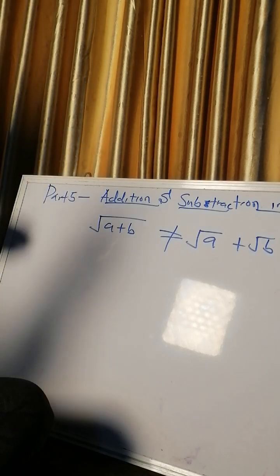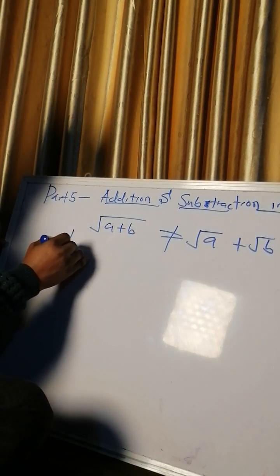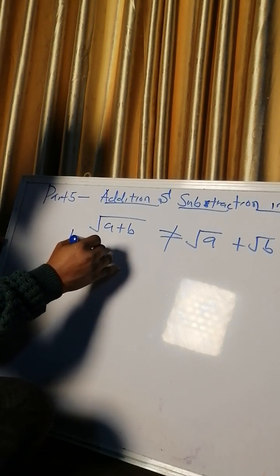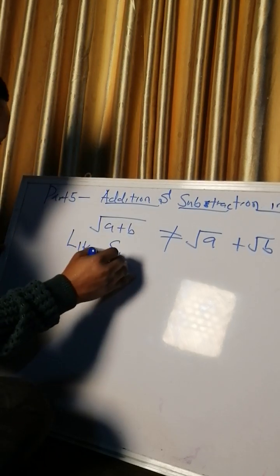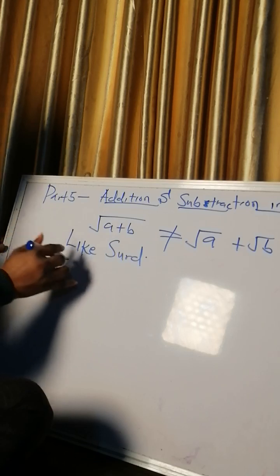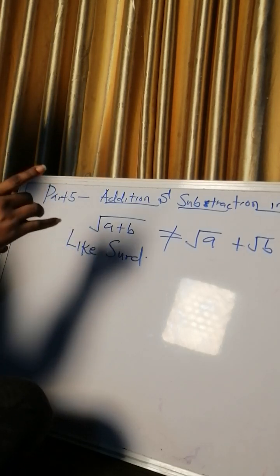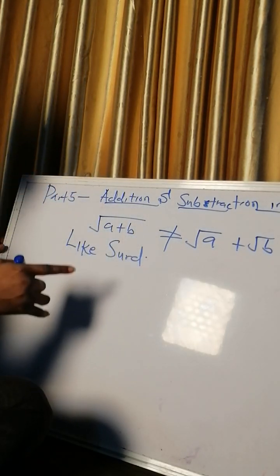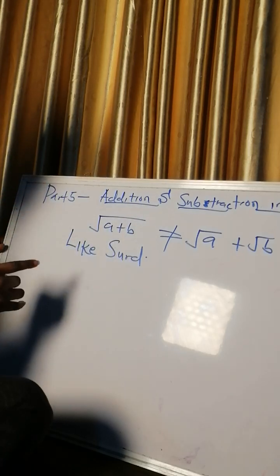What did I mean? The meaning of like sort is that like sort must be observed before you can add or subtract in surds.